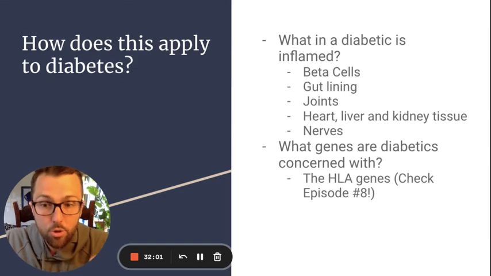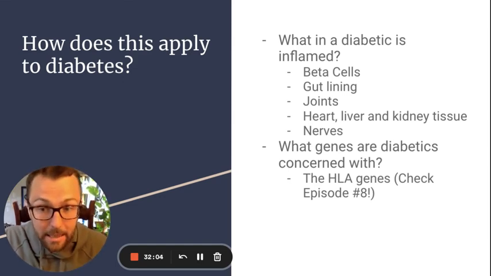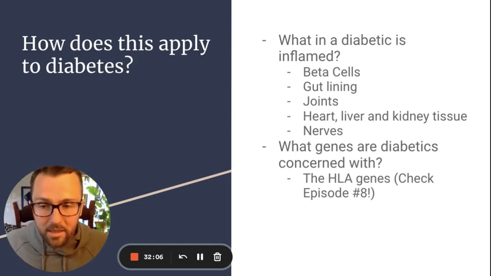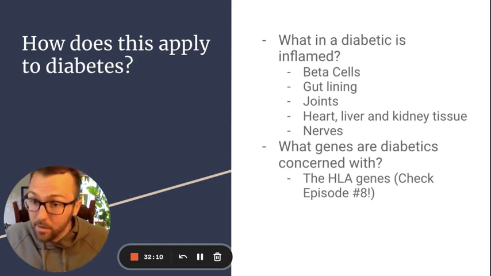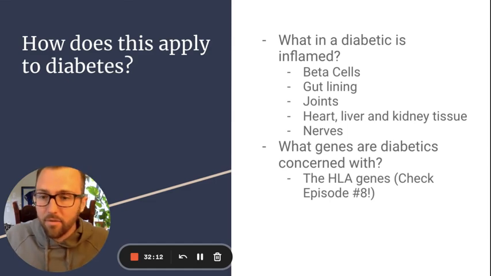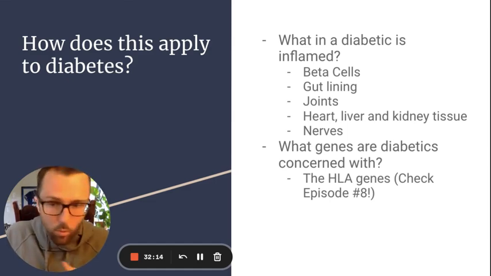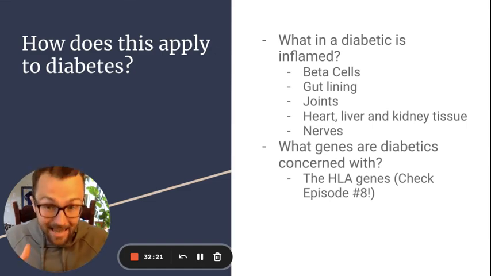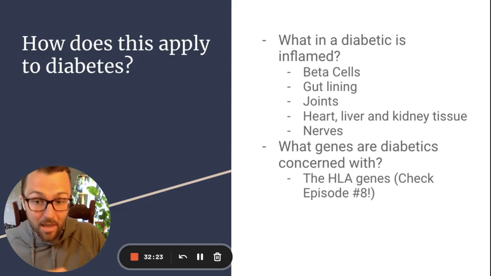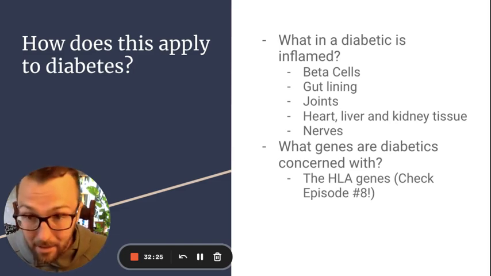But when you look back and think that prolonged ROS exposure can actually alter DNA expression, what's to say that having the genes that are common in diabetics is enough for having diabetes? We've already stated that that's not the case. 95% of the people that have the same genes as those that do have diabetes do not.